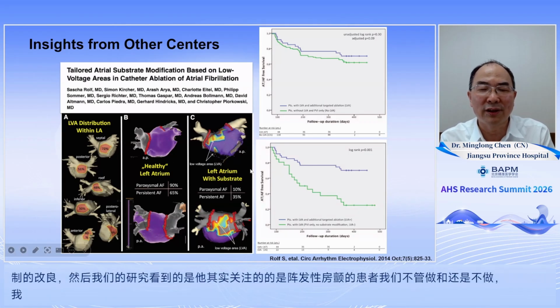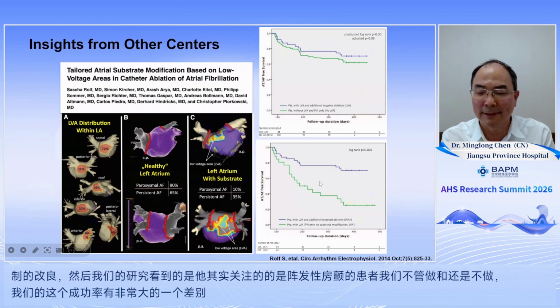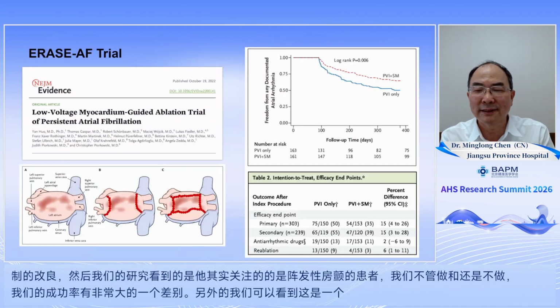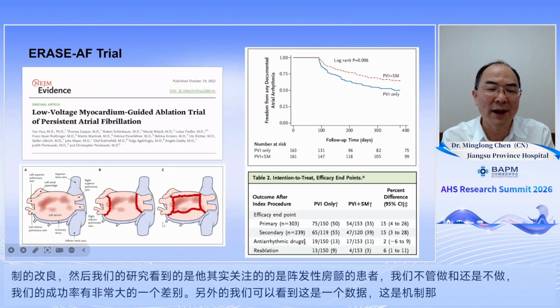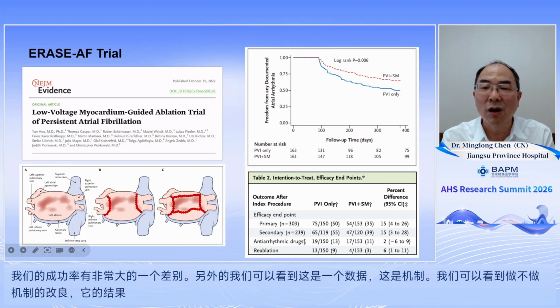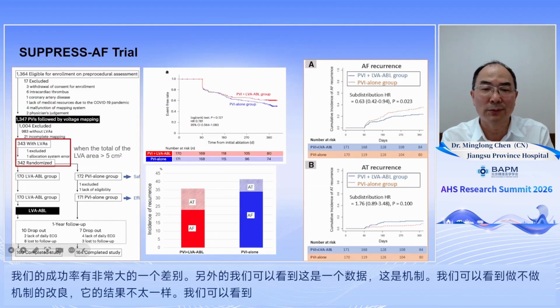Here are the Leipzig results. You can see that substrate modification, as compared with not doing the modification, gives a quite different result. In the ERASE trial, PV isolation plus substrate modification also showed a positive result.